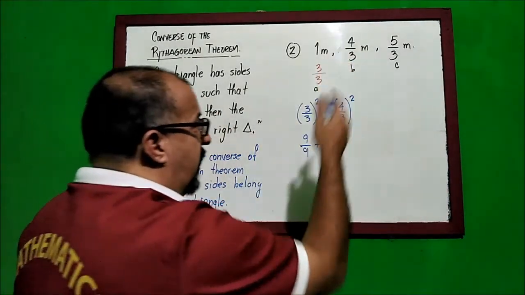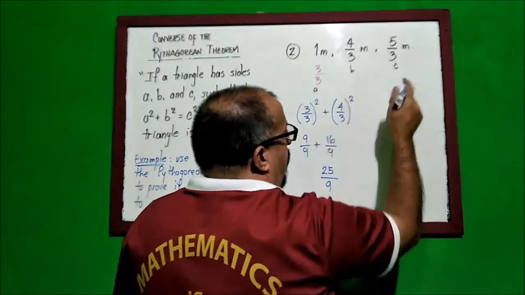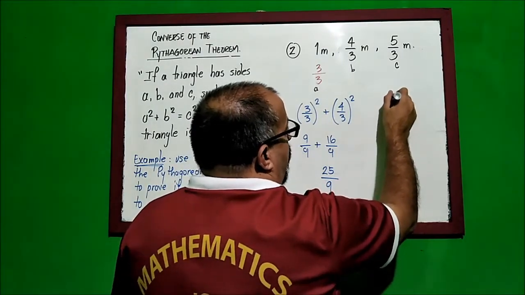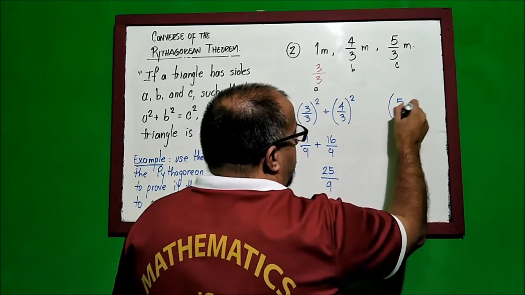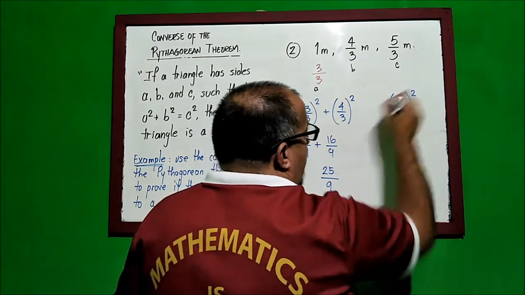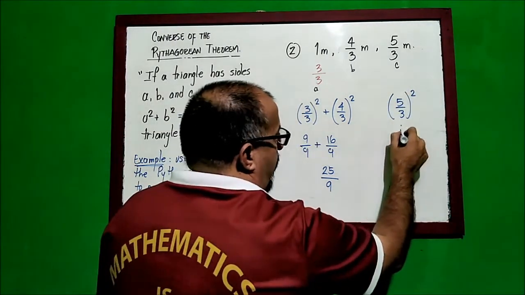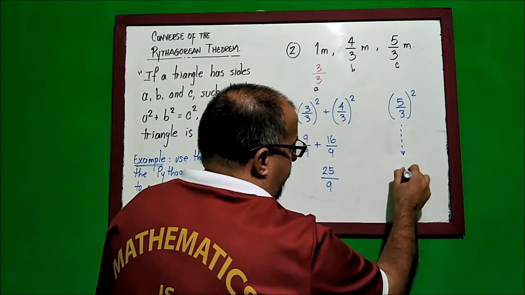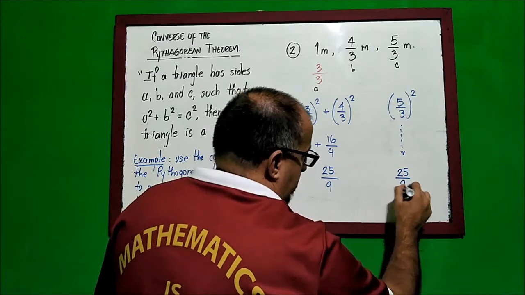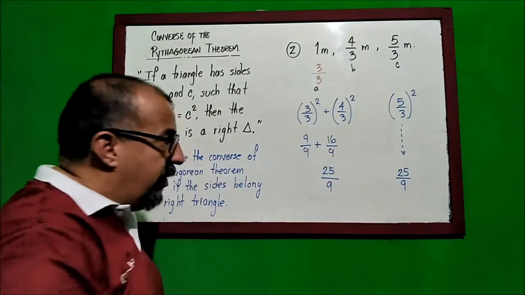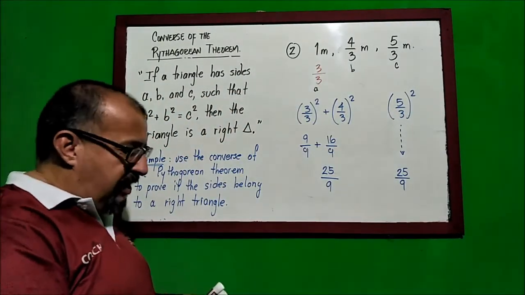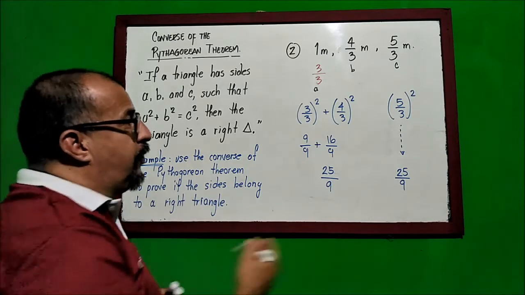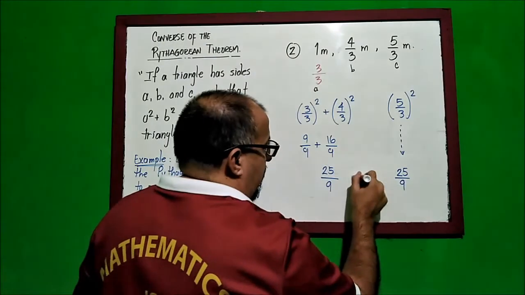Now let's take the second part, which is squaring letter C. Letter C will become 5/3 to the second power. Once we solve this expression, we have 25/9. Obviously, we coincide: the two sides of the expression are exactly the same.